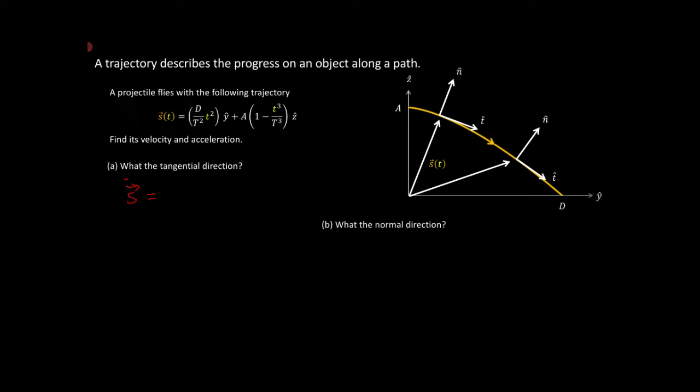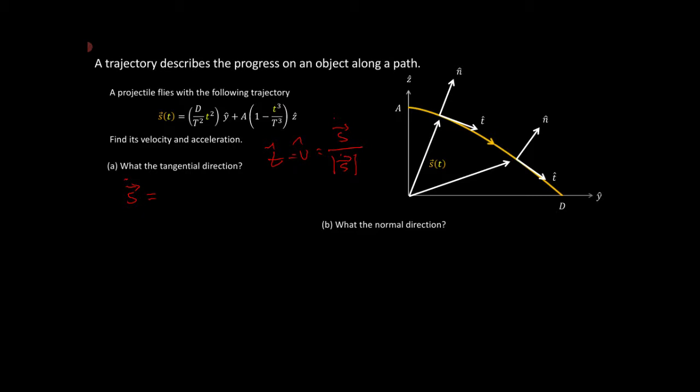Remember, for the tangential direction, it's the unit vector in the direction of the velocity. So we take the velocity vector and divide it by the magnitude. So we want the unit vector pointing along the direction of motion.